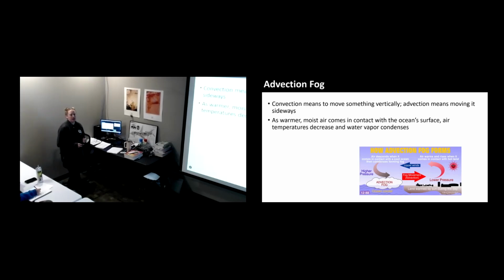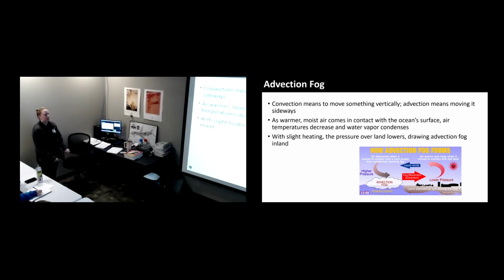Questions on the test will ask where advection fog is going to form, so the key word in one of those answers should be ocean, because this only forms around the ocean. With slight heating, the pressure over the land lowers, drawing the advection fog inwards. Remember that sea breeze that pulls it in?